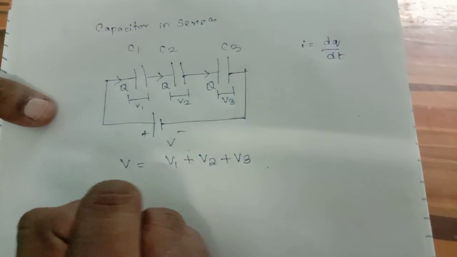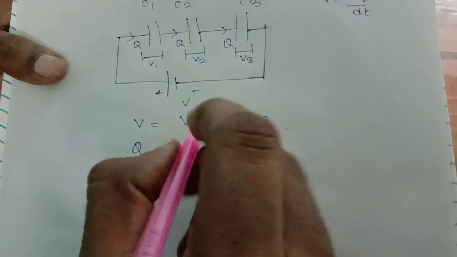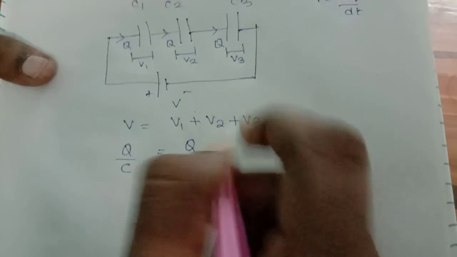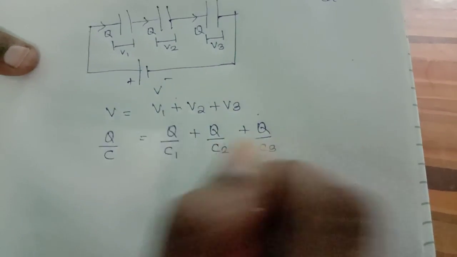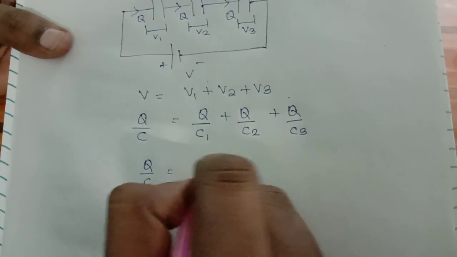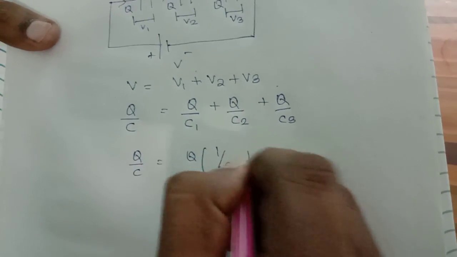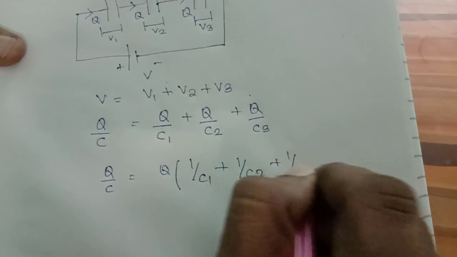From this formula I can say V equals Q by C. So V equals Q by C1 plus Q by C2 plus Q by C3. Taking Q as common, it is 1 by C1 plus 1 by C2 plus 1 by C3.